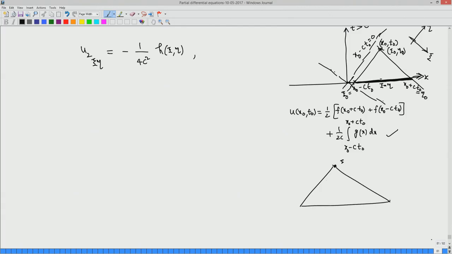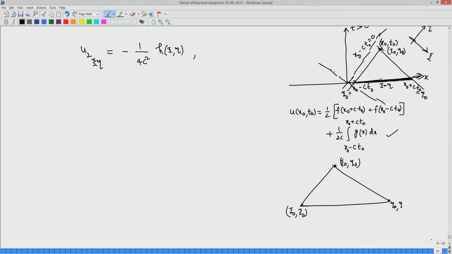This is your ξ naught, η naught, corresponding to x naught, t naught, and this is your ξ naught. Here this will be η naught, and this is the line ξ equal to η.